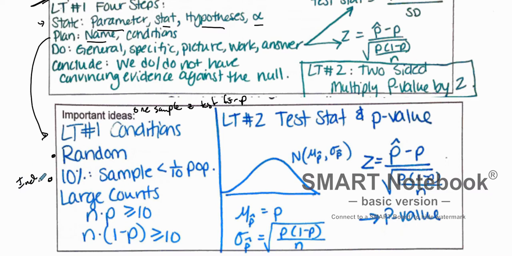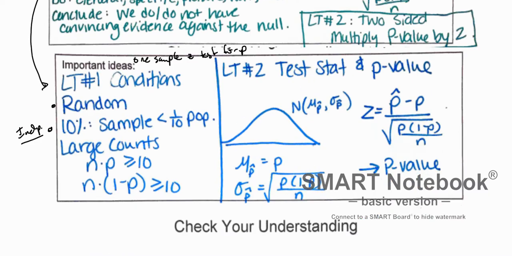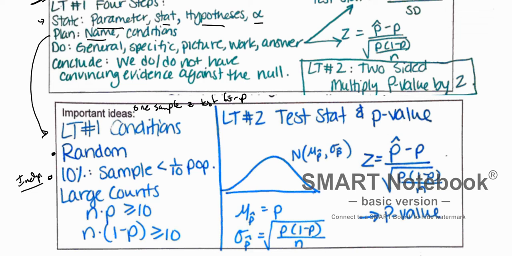If the sample is less than 10% of the population, you have independence, and therefore you can use this standard deviation. This is the standard deviation, which is located right there, my friends.